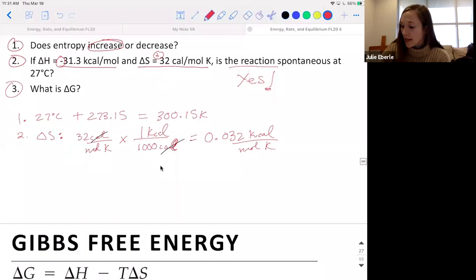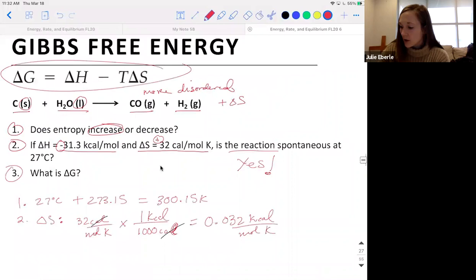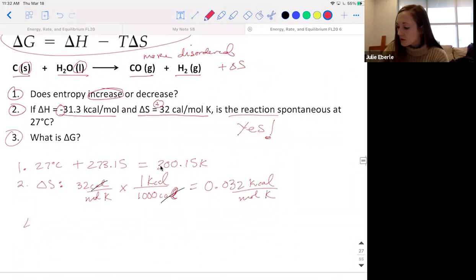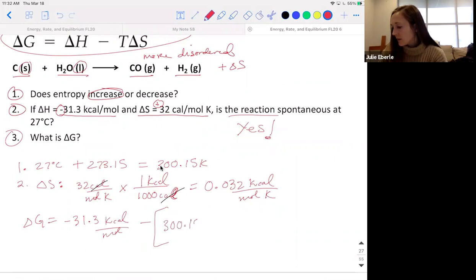All right, now we just plug everything in. Our equation for delta G is right here. So delta G equals delta H, which is negative 31.3 kcal per mole, minus, I put it in parentheses, our temperature, which was the 300.15 Kelvin, times the 0.032 kcal per mole Kelvin.